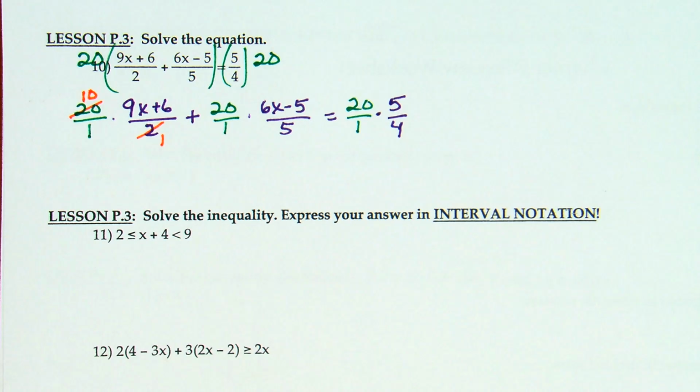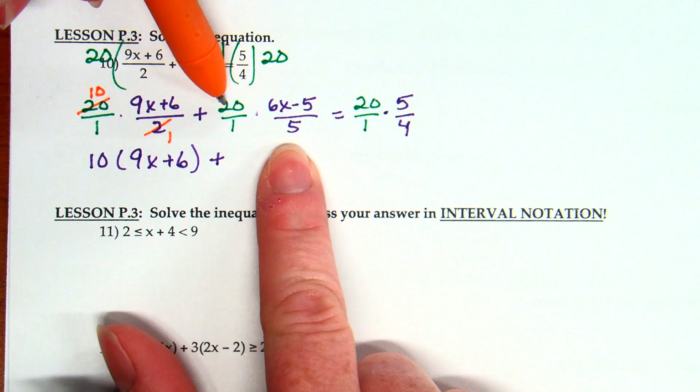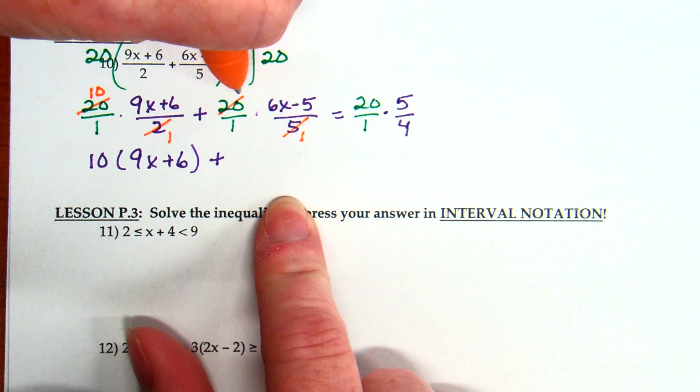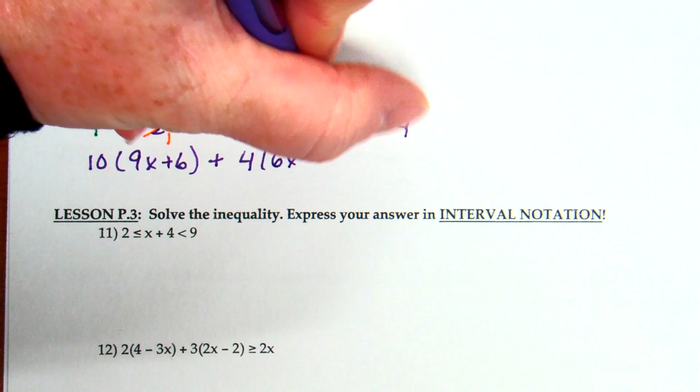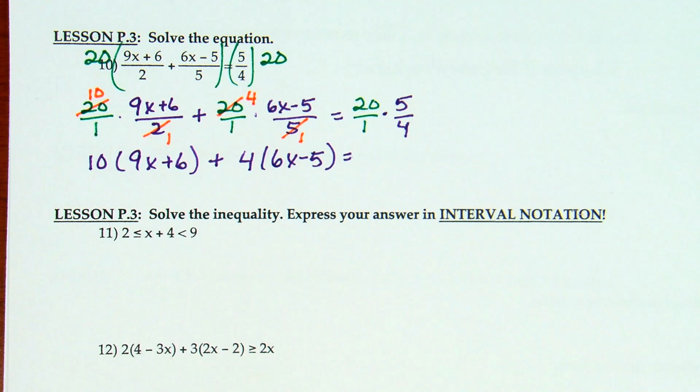Okay, next set. 5 and 20 both divide by 5. 5 divided by 5 is 1. 20 divided by 5 is 4. So then we're going to have 4 times 6x minus 5 equals, on the right, 4 and 20 both divide by 4. 4 divided by 4 is 1. 20 divided by 4 is 5. And so then I have 5 times 5.